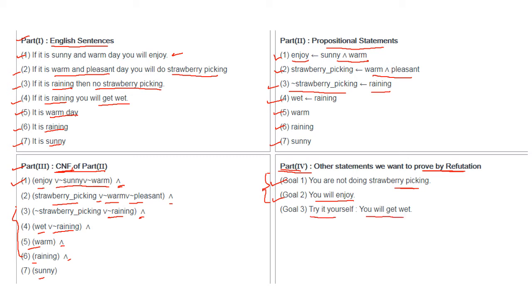Okay, so there are four different parts in this solution. First one is the simple English sentences, and those will be converted into propositional statements, and those propositional statements will be converted into CNF form. So from this CNF form we need to derive some other statements.